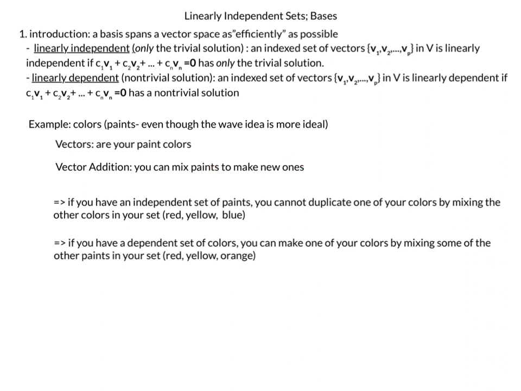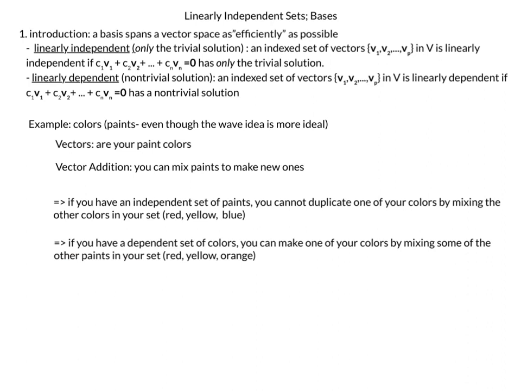So if you have an independent set of paints, you cannot duplicate one of your colors by mixing the other colors in your set, such as red, yellow, and blue. You can't get red by mixing yellow and blue, you can't get yellow by mixing red and blue, and you can't get blue by mixing red and yellow. So in that way, these colors are independent. On the other hand, if you have a dependent set of colors, you can make one of the colors by mixing some of the other paints in your set.